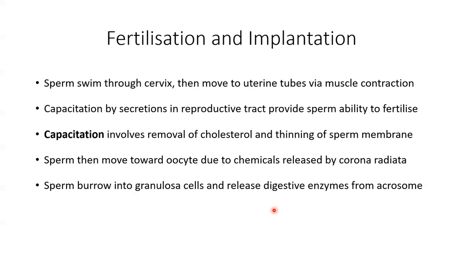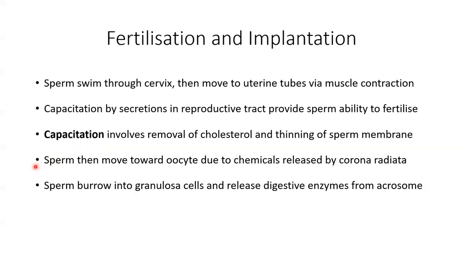As the sperm move through the reproductive tract, secretions act on the sperm to provide them the ability to fertilize the oocyte. This process is called capacitation, and it involves the removal of cholesterol from the sperm and the thinning of the plasma membrane covering the acrosome, which is the membrane that surrounds the head of the sperm that contains digestive enzymes.